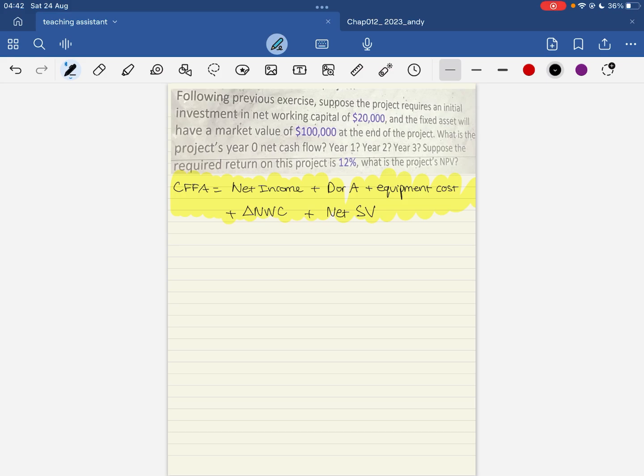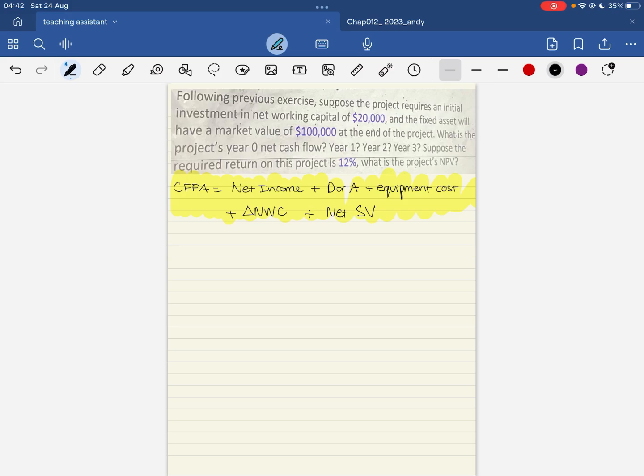For this exercise, to find out what is the NPV of the project, we have to find the cash flow per year, through year. Therefore, they ask us what is the net cash flow in year 0, year 1, year 2, and year 3. In finance terms, we call this cash flow from asset, which is denoted by CFFA.